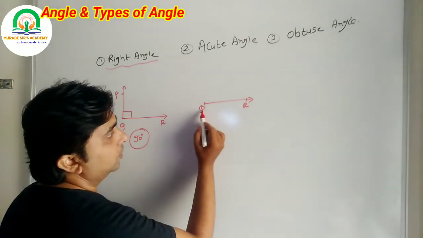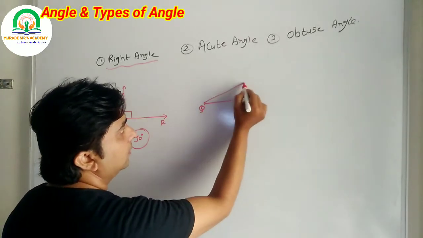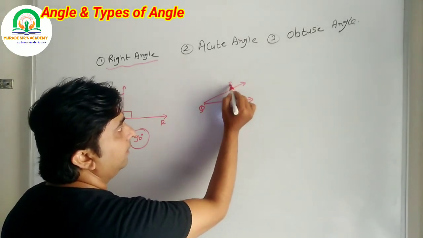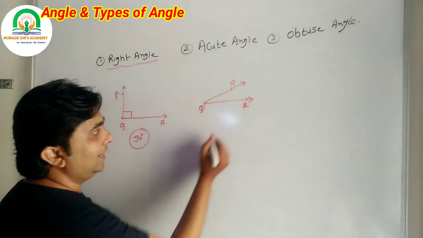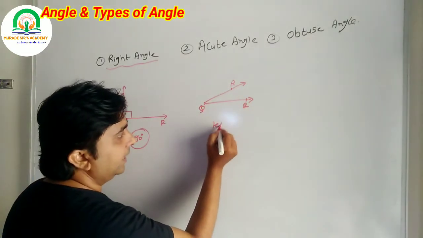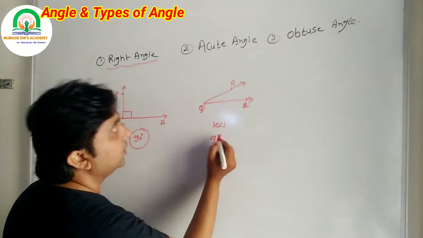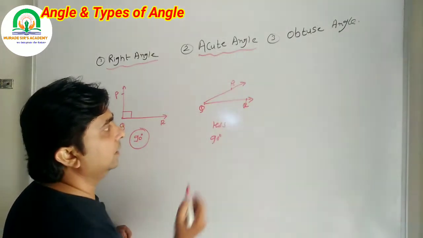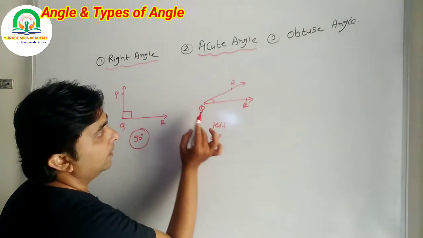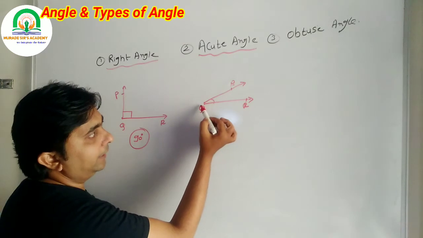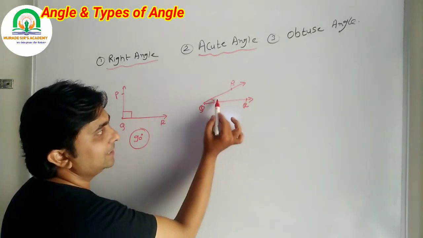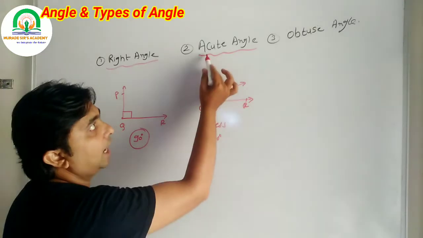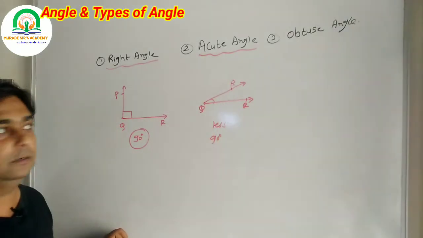In the same way, if ray QR and ray PQ trace an angle less than 90 degrees, it is called an acute angle. The angle traced by QP is less than 90 degrees, so it is called an acute angle.